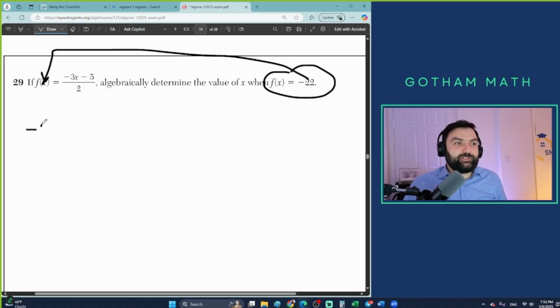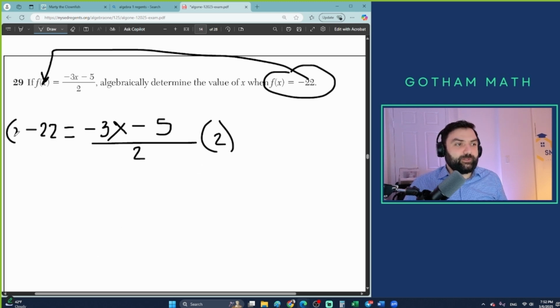So let's actually just do that. Negative 22 equals negative 3x minus 5 over 2. Step 1 to solve that would be multiply both sides by 2 to get rid of the fraction. So it's going to be negative 44 equals negative 3x minus 5.